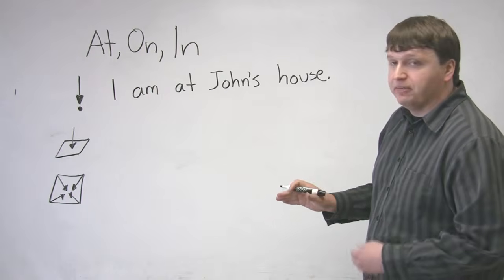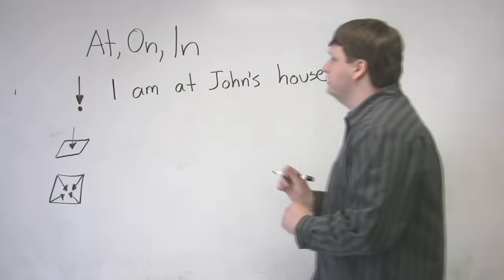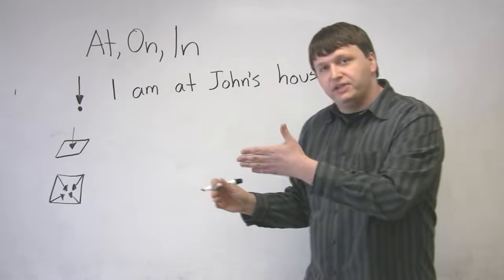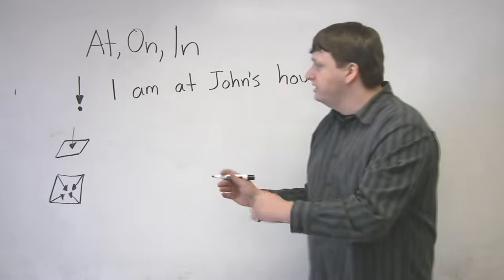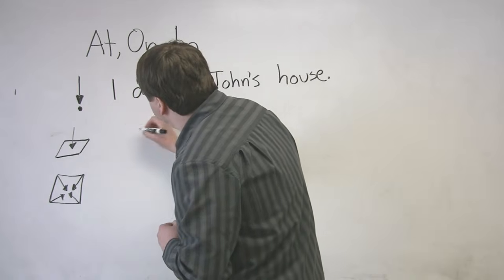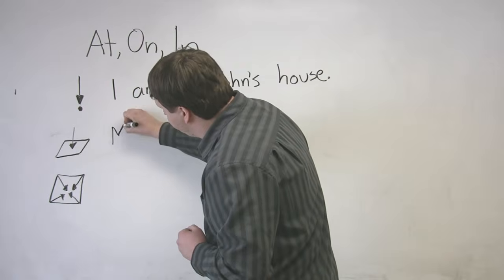Okay, so when we're talking about on, we're talking about something being on a surface. So let's use this example. If you're watching TV, the screen is a flat surface. So you will say, my favorite show is on TV.